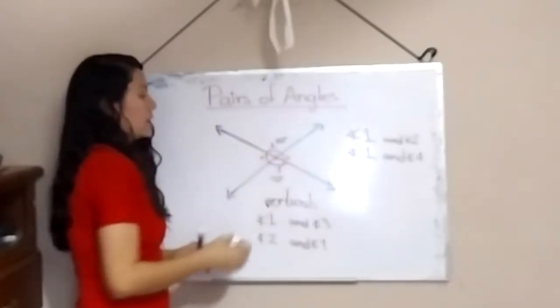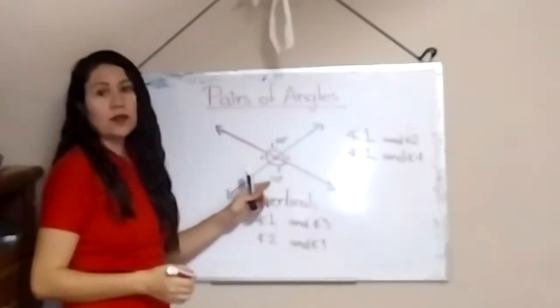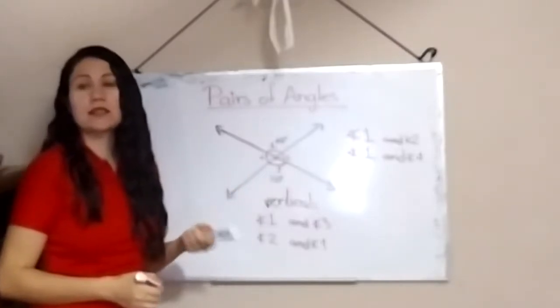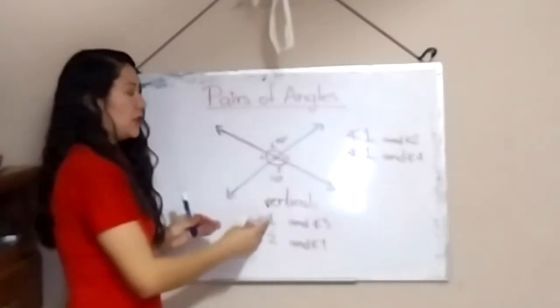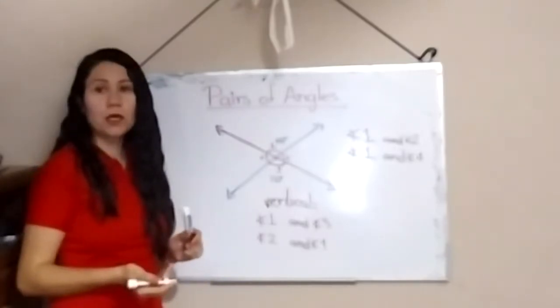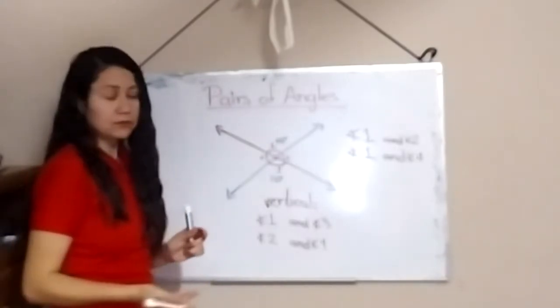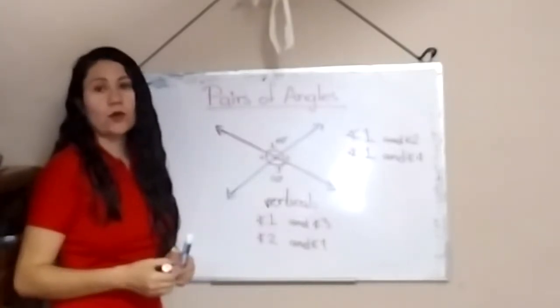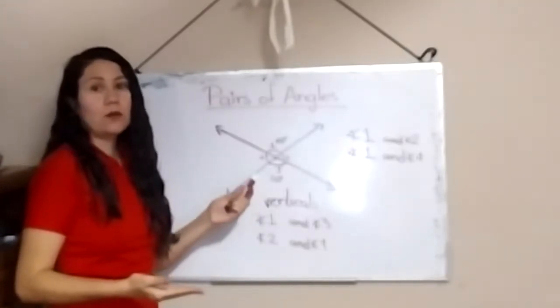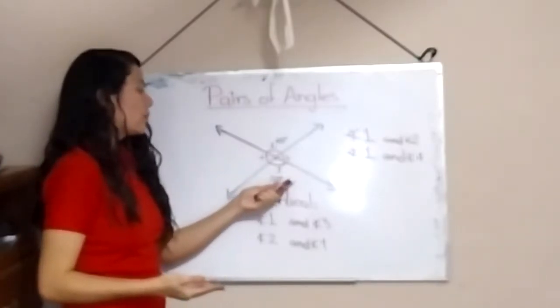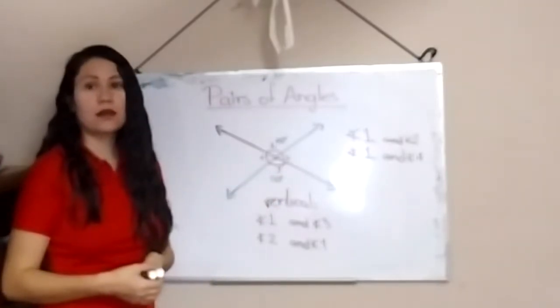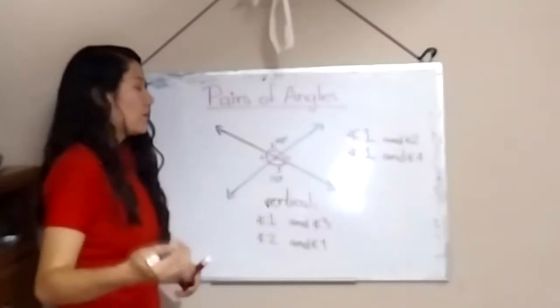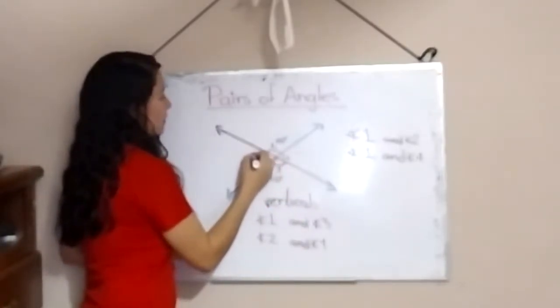Now, the adjacent angle to number 3 would be a supplementary angle because together they would form 180. What are we missing, or what do we need to get 180 if we already have 110? We are missing 70 degrees.